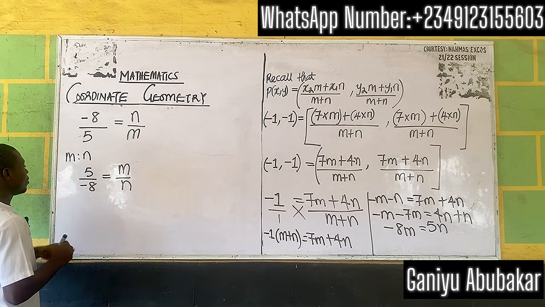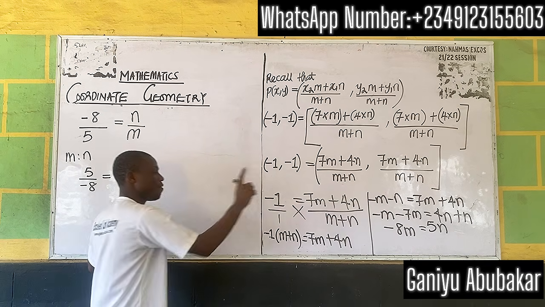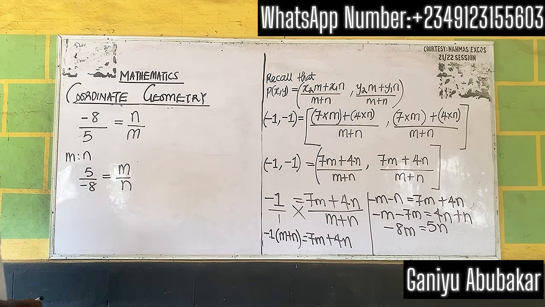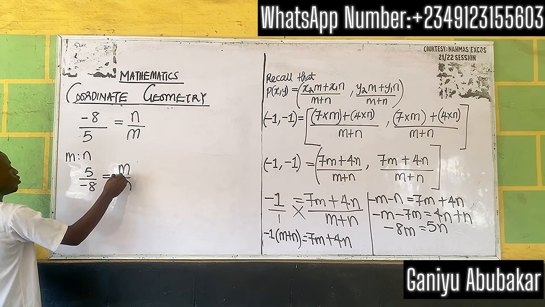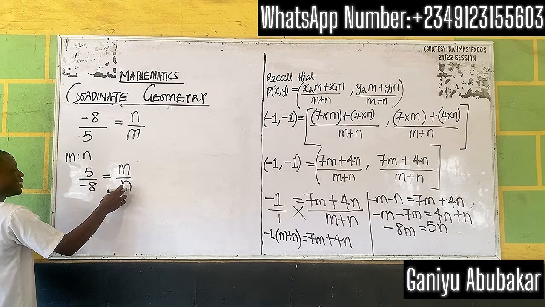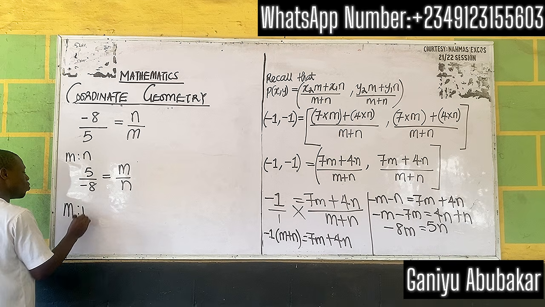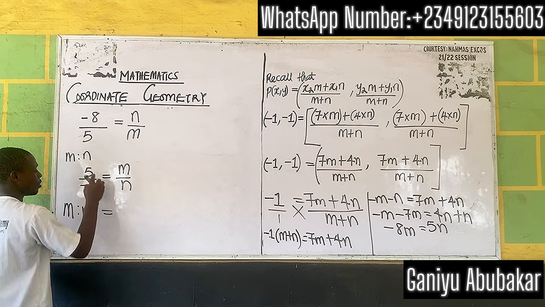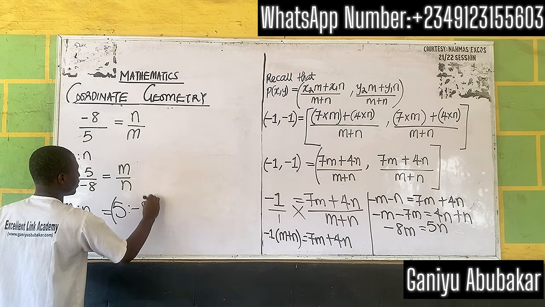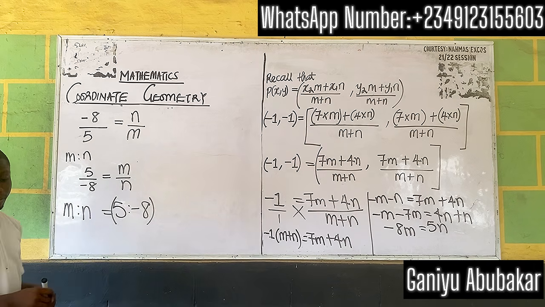Same thing: 5 times n gives you 5n, m times negative 8 gives you negative 8m. So it means that my ratio m over n means m ratio n, and it is equal to 5 ratio negative 8. All right, this is the ratio of m and n.